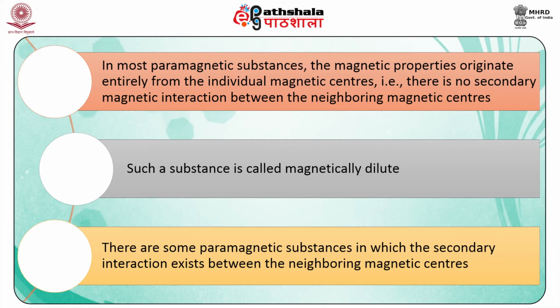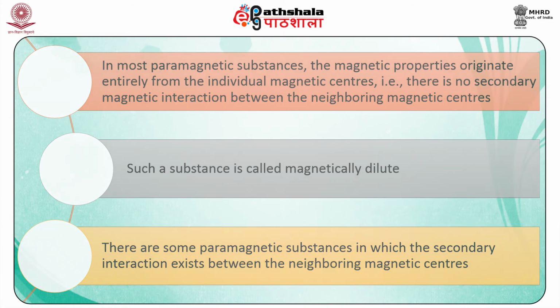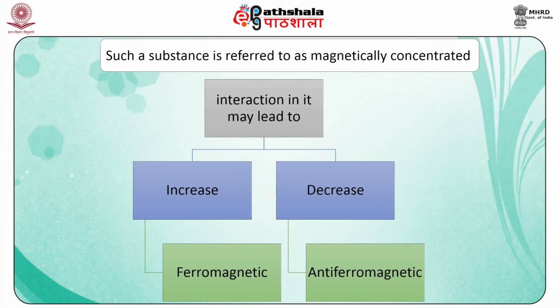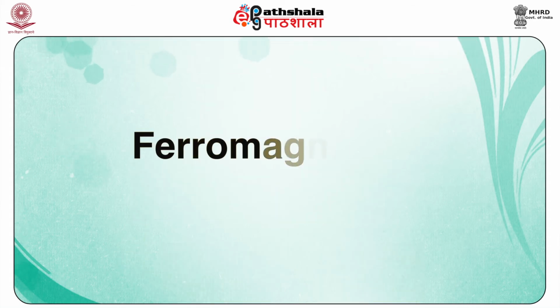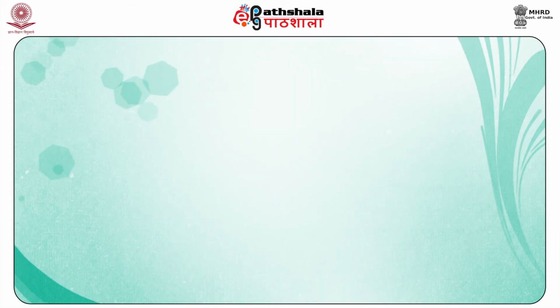There are some magnetic substances in which there is secondary interaction between the neighboring magnetic centers. Such a substance is called a magnetically concentrated substance, and the interaction may lead to an increase or decrease in magnetic moment. A substance of type 1 is called ferromagnetic and type 2 is called antiferromagnetic.